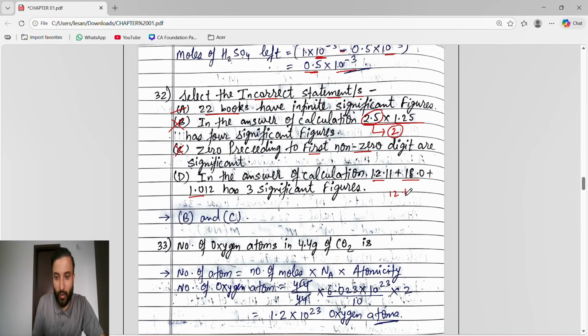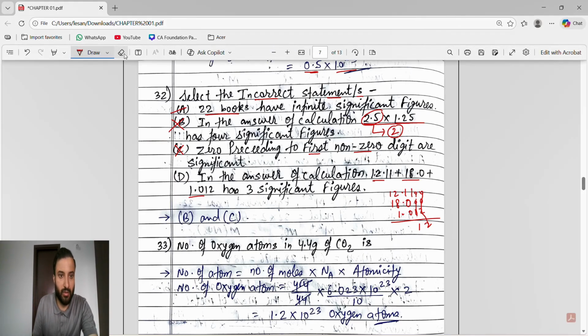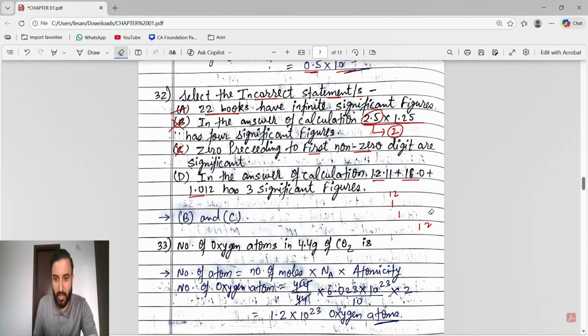So see, 12.11, we will add 18.0, then we will add 1.012. Wait guys, I have written it in a hurry. Wait, have a little patience.